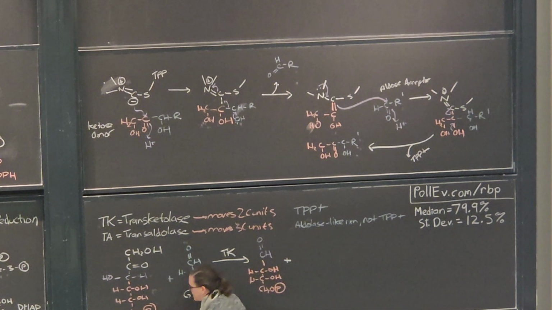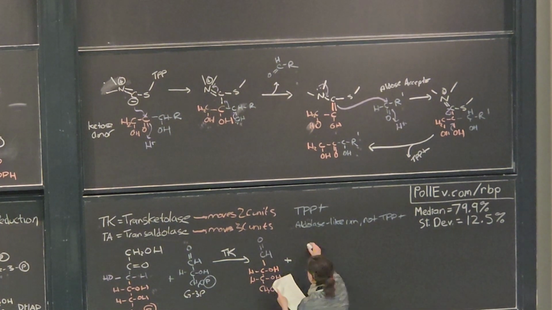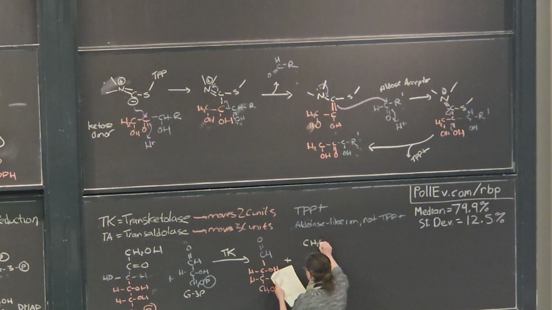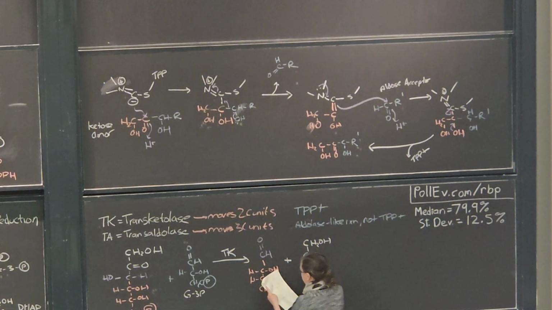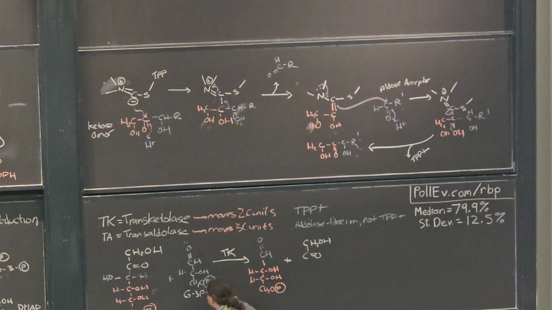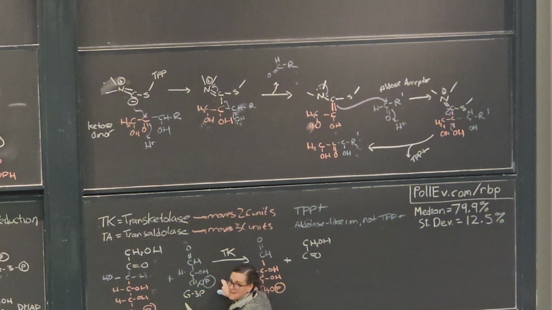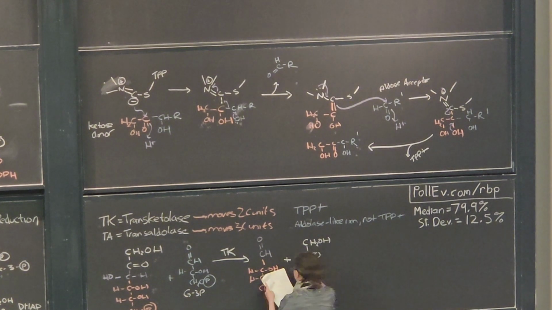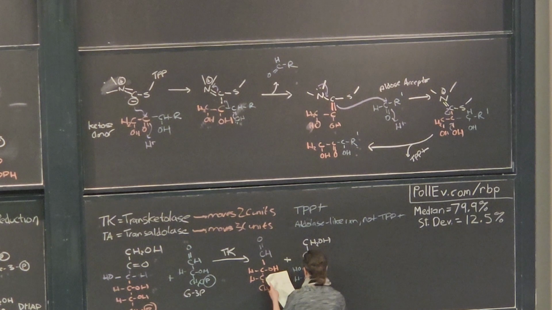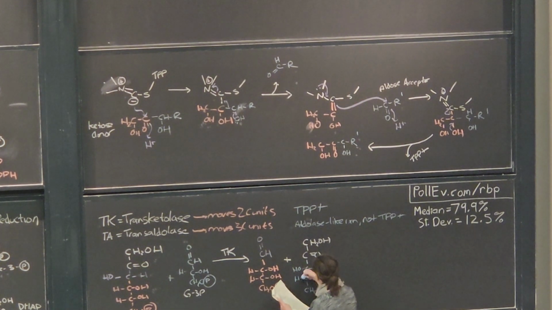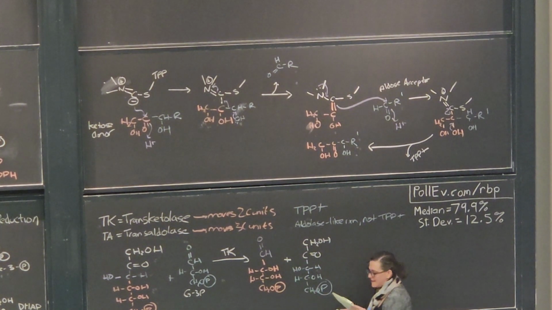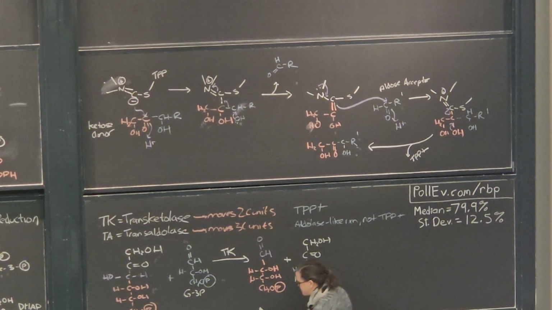And then we generate a 5-carbon ketose, with carbons that are derived from this ketose donor and this aldose acceptor. So again, this could be any ketose. This happens to be xylulose 5-phosphate.